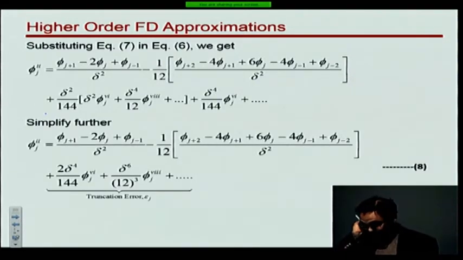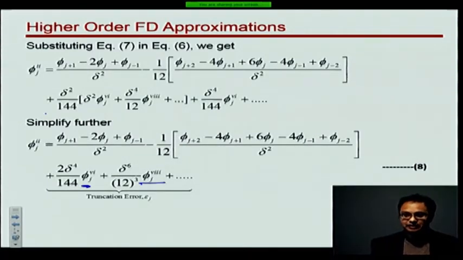So now here's our new truncation error, which has the sixth derivative as the leading term and then also an eighth derivative term, which is the second term. Earlier we had fourth and sixth, now we have sixth and eighth.